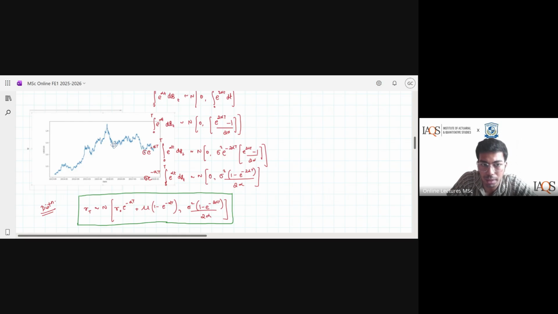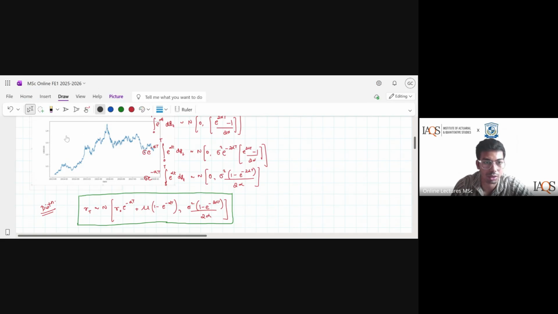It went up, came back towards 5.3, and ideally 5.3 is nothing but this level. Your interest rates tend towards zero. It went up, came down, went up, pushed back down, went down, pushed back up. Similarly, it went up, pushed back down, and now it's coming up again over here. So this is an example of mean reversion.